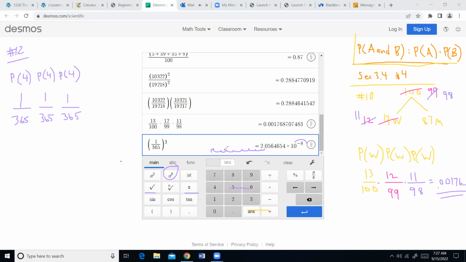And when I move the decimal 8 places to the left, I have to put so many zeros in front. There will be 7 zeros. Why not 8? Because you make one move and then 7 more zeros you put in front. So the actual answer is going to look like 7 zeros.